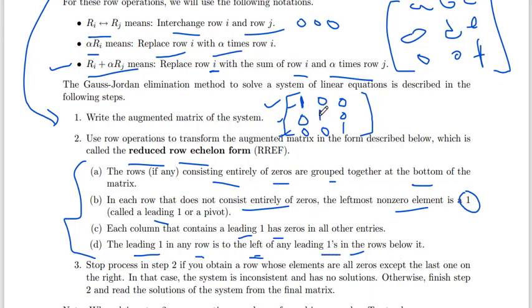So the leading one of any row is to the left of the leading ones of the rows below it.